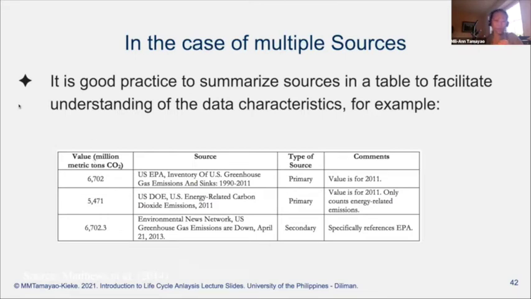So this is just an example of how you might present your information. For example here, in the first column, you have the value, in terms of CO2 emissions, in million metric tons, and then you have the source, and then you have the type of source. So is it primary or secondary? And then comments on this particular source. All right.